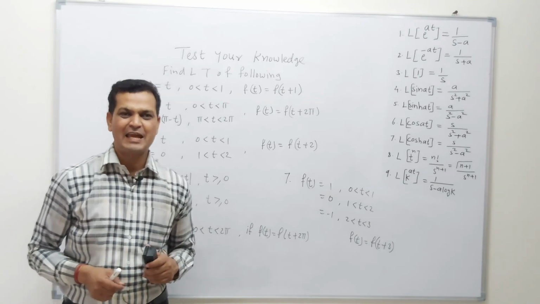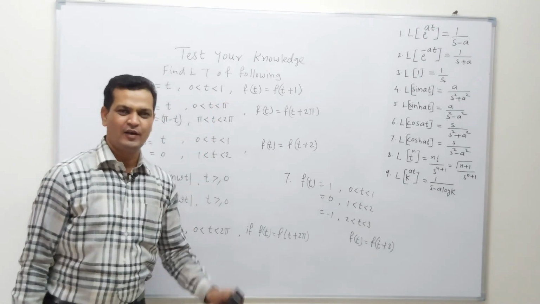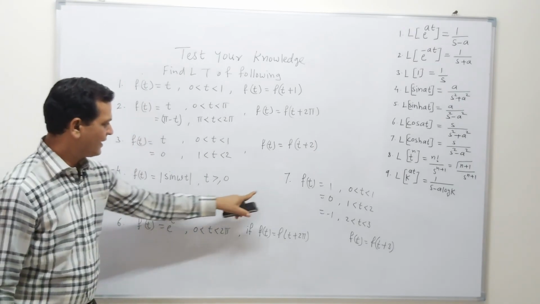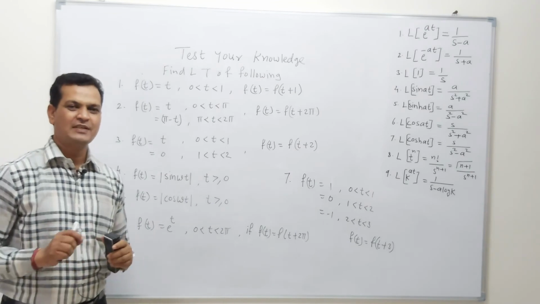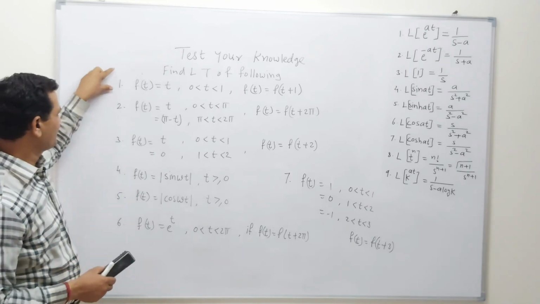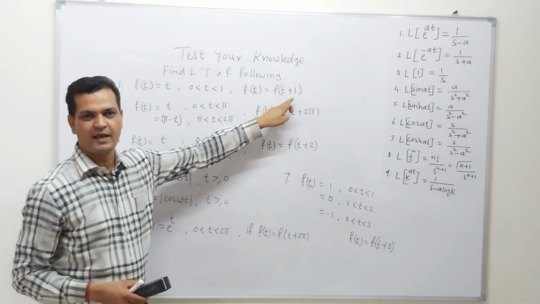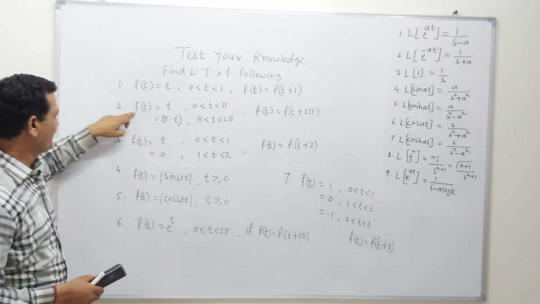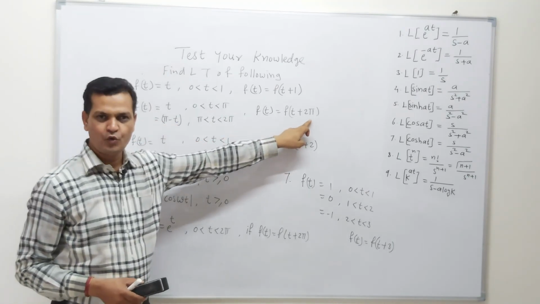Now friends, it is time to test your knowledge. Here 7 examples are given for your practice. Solve these examples, which are very simple. The first example is f of t is equal to t, where the period is 1. Then f of t is equal to t and pi minus t, with period 2 pi.